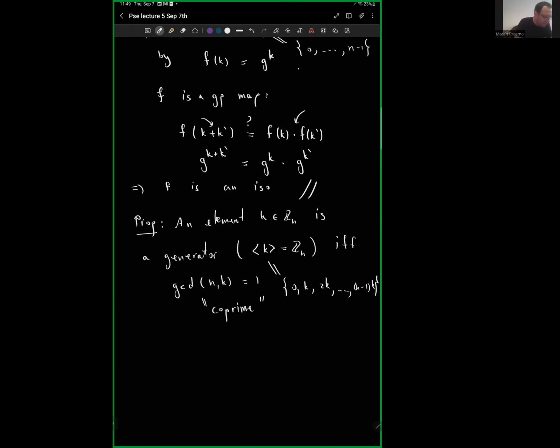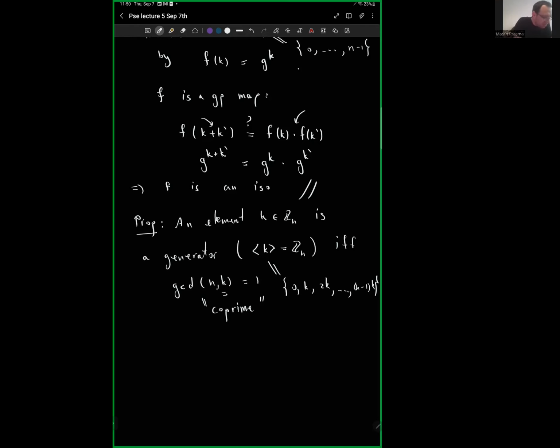So you really need a number that is coprime to the modulus in order to generate everything. If you think of it intuitively, imagine that k is not coprime to the modulus.